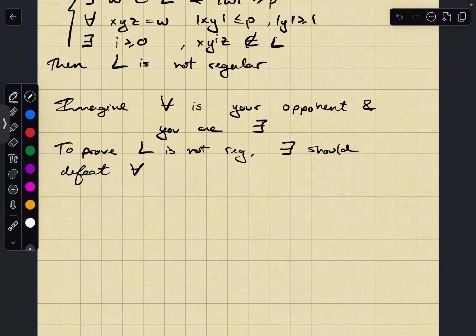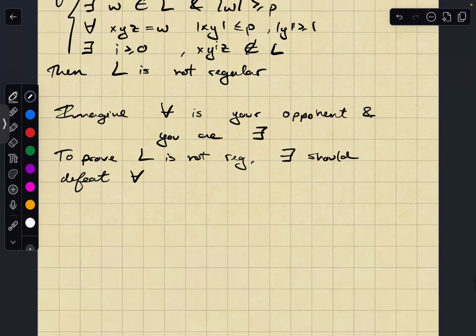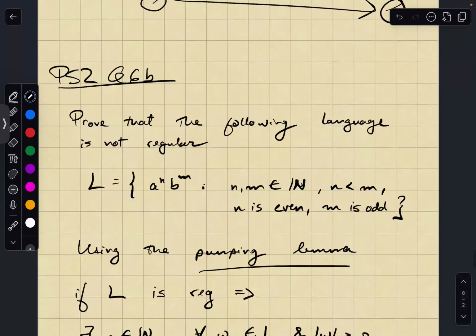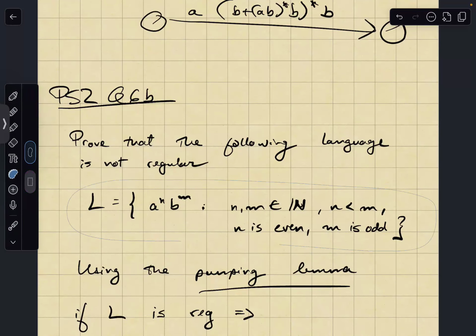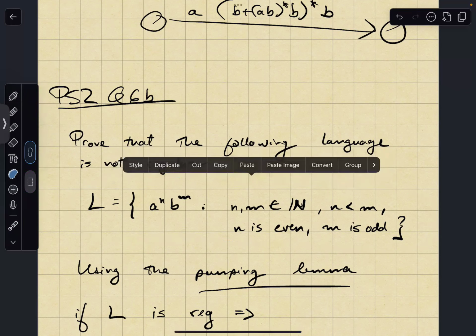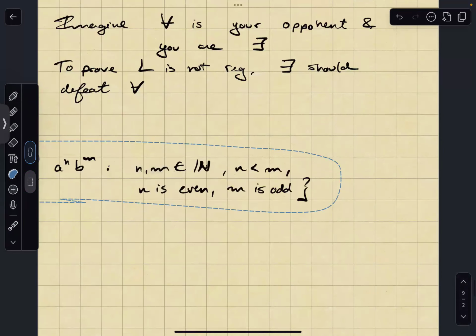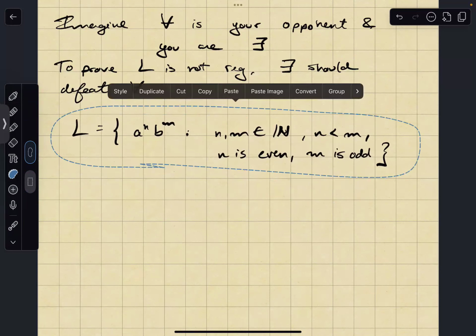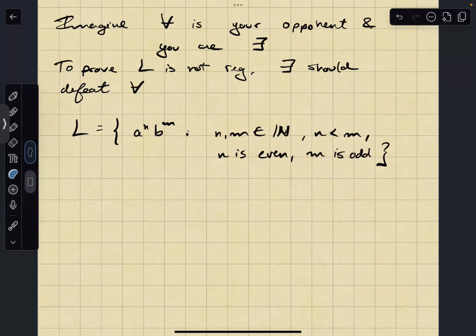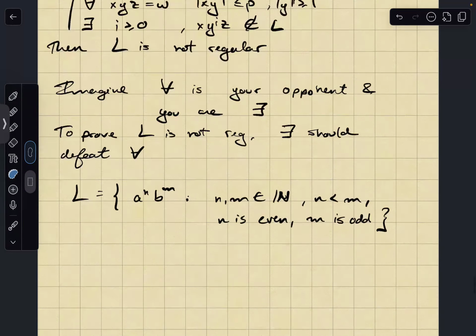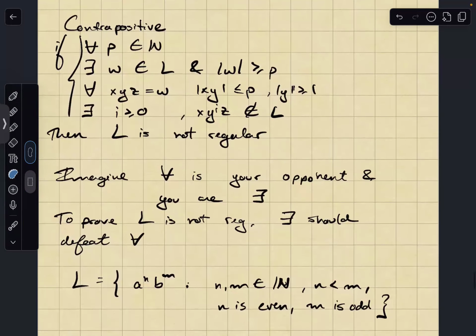Okay, so how is this going to work? Because I want to do this for this particular L. This particular L is a^n b^m, where n is strictly less than m, and n is even and m is odd. The way this works is it's the for all player's turn first, and then it's your turn.